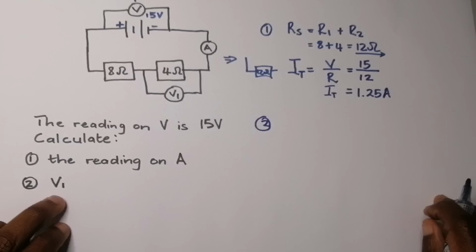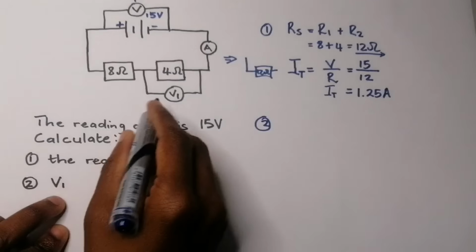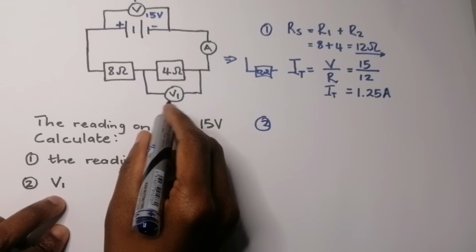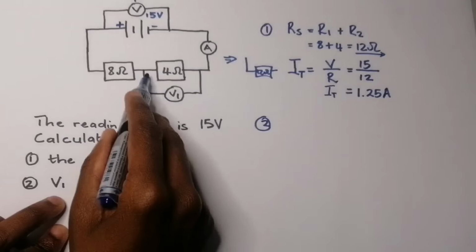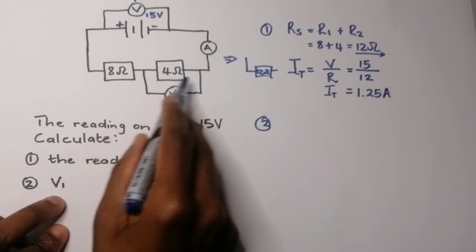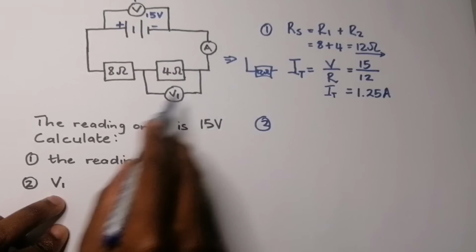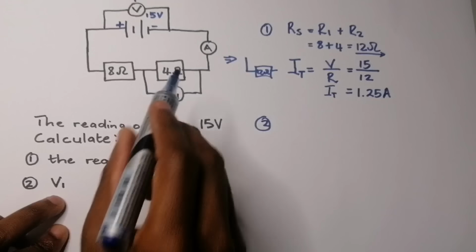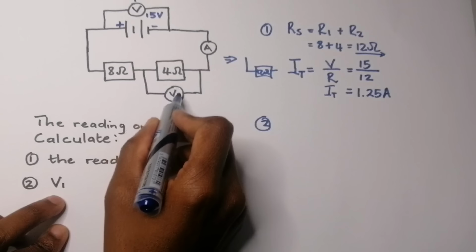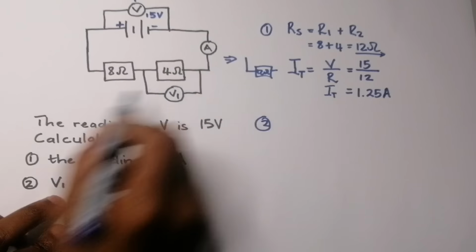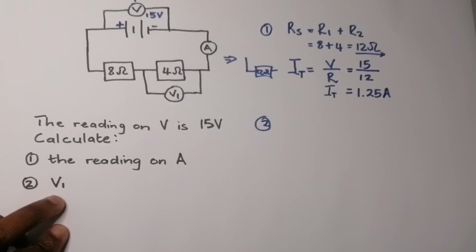Now they are asking us, calculate the voltage V1. Okay, right. So let's find out the voltage, or rather the potential difference across V1, or the reading on V1. So now the question is, what is V1 reading across? Right? Remember we said voltage with its corresponding resistance.